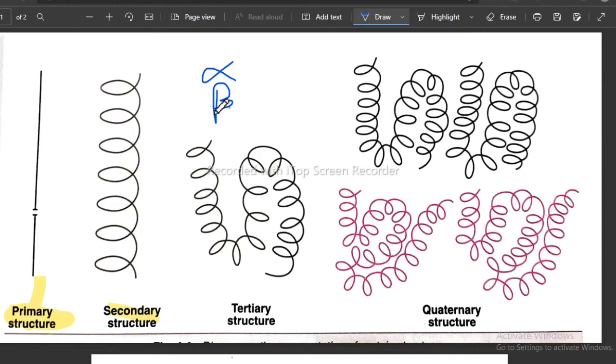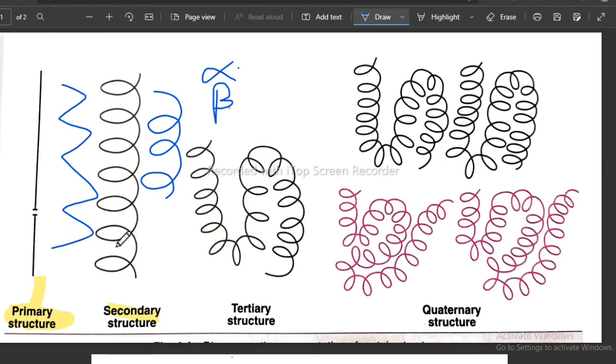That is alpha helical structure and the second is beta pleated structure. यहाँ पे अल्फा जो हेलिक स्ट्रक्चर है वो ऐसा रहेगा like this, and बीटा शीट जो स्ट्रक्चर रहेगा that is this kind of way. So this is the secondary structure of a protein.